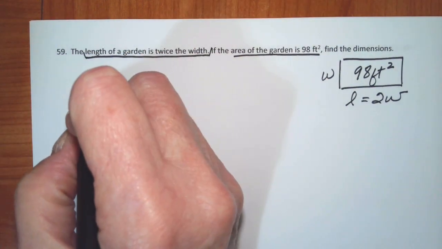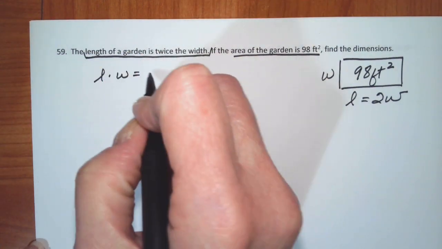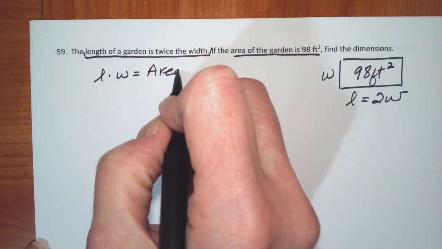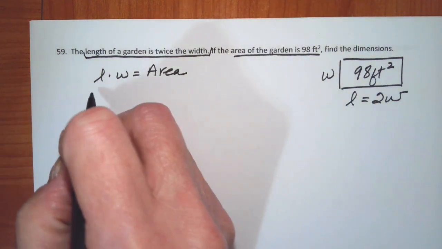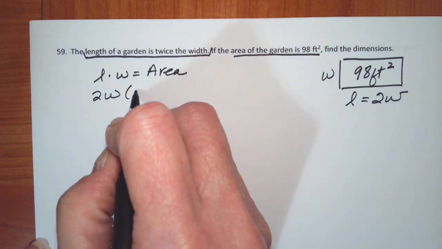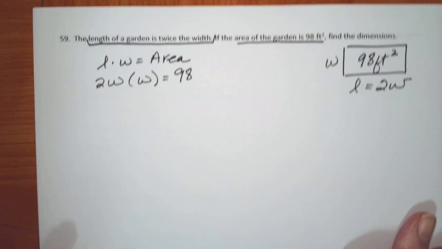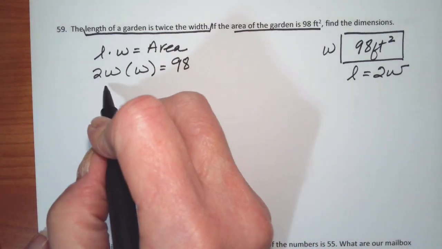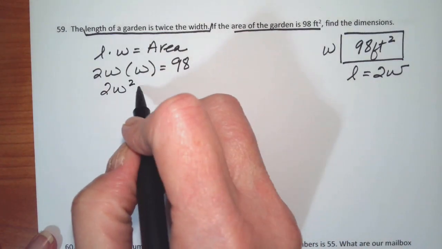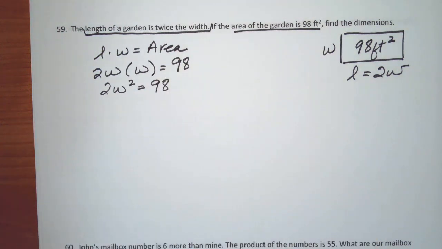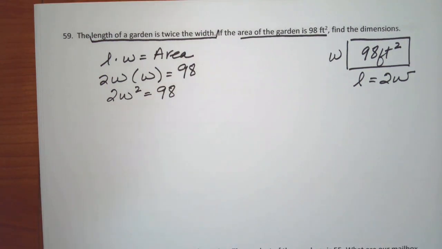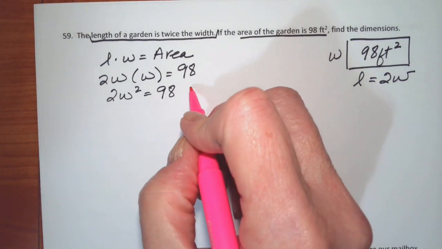Now I know that the length times the width is equal to the area. So 2W times W is equal to 98. That gives me 2W squared is 98. Okay, so this is not equal to 0.